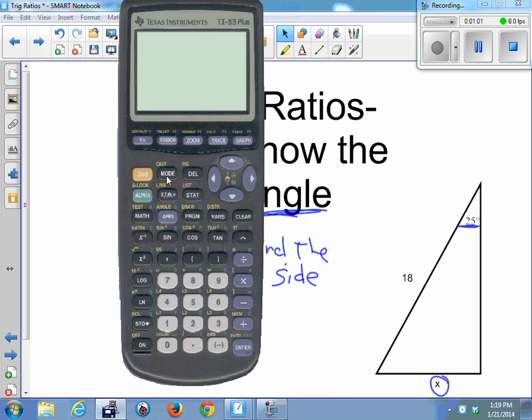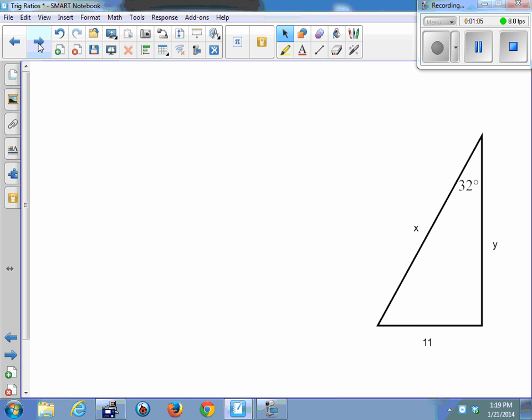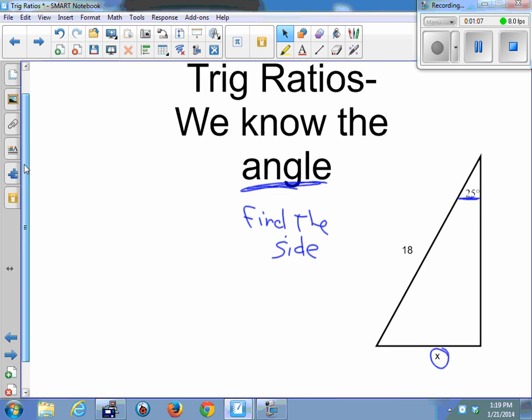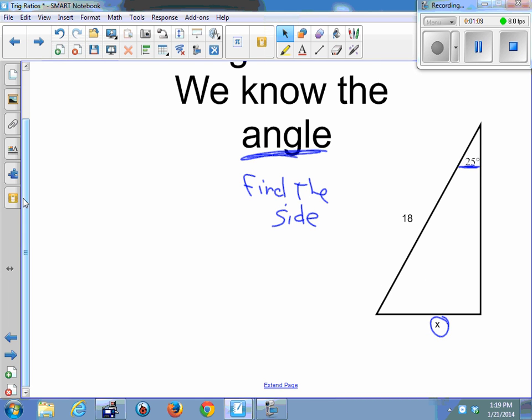Okay, so we're going to set it up. We'll do this one here. We have this angle, 25 degrees. Now we have the opposite here, so this is the opposite. This should be our 90-degree angle, and this is our hypotenuse.